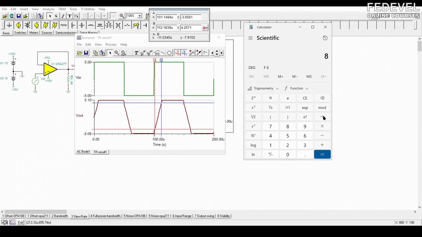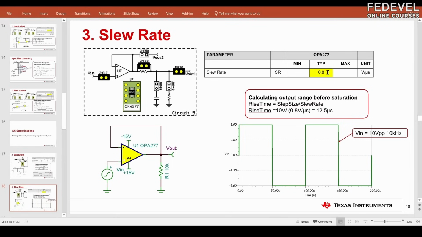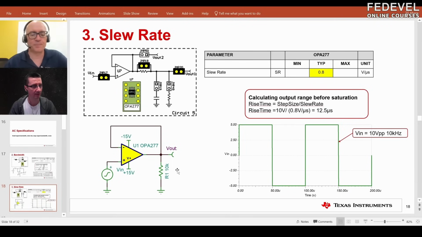So 8 volts divided by 11 microseconds equals 0.72 volts per microsecond. And if we look back at our result here, 0.8, so it's pretty close.